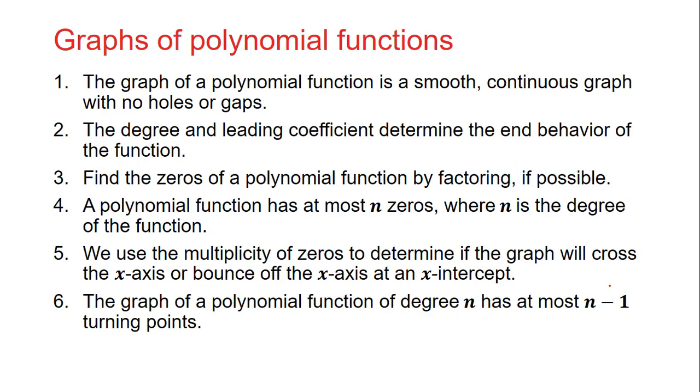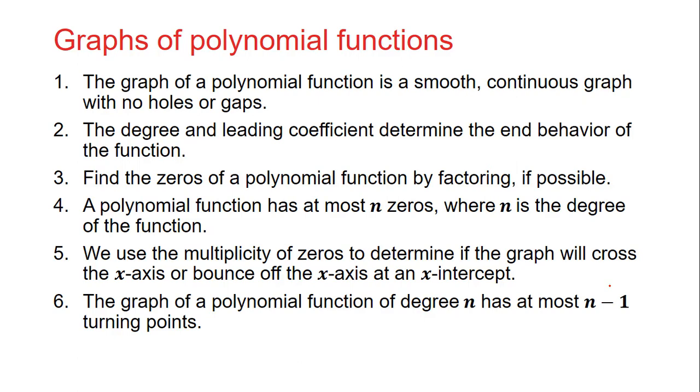Find the zeros of a polynomial function by factoring. And then we know that there will be at most n zeros, where n is the degree. And we're going to use the multiplicity of the zeros to determine if the graph will cross the x-axis or bounce off the x-axis at that intercept.